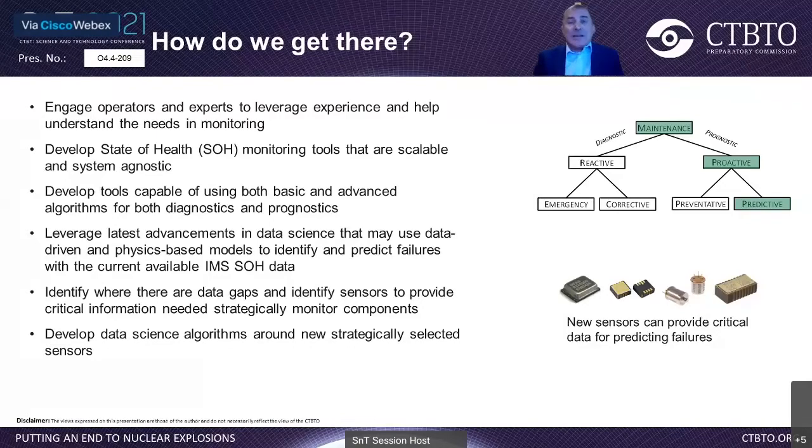What other data do we need that's going to help inform our predictive analytic techniques? And when we find those gaps, we need to strategically look at sensors that are going to help us provide that information that we need. And lastly, we need to continue to use the data science algorithms to incorporate the new sensors that we've identified.